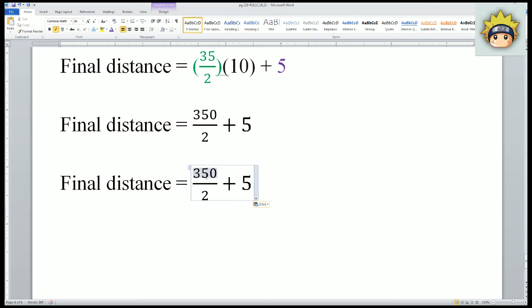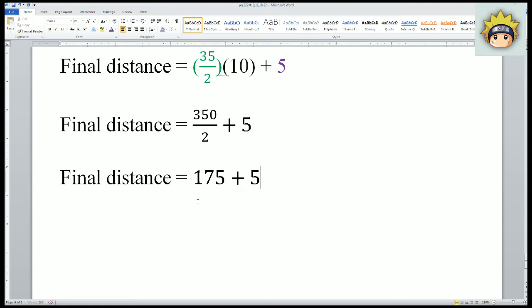So 350 divided by 2 is 175, plus 5, which is equal to 180 feet.